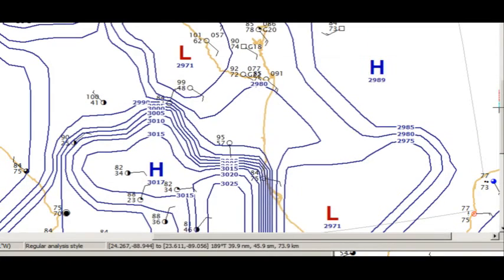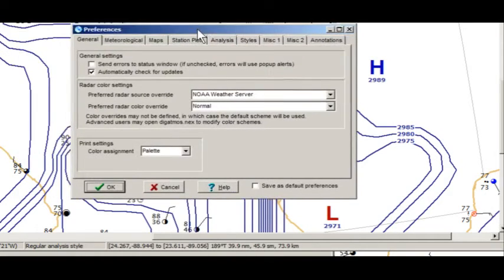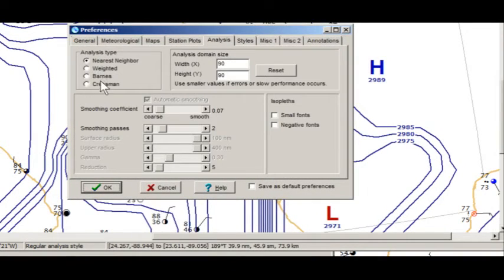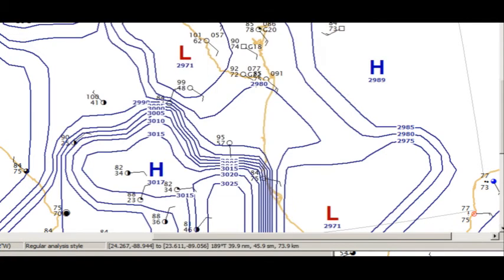Well, not much data there in Mexico, and you can see we get a corrupt artifact here on the analysis. And that's why in Digital Atmosphere I have different analysis schemes here. There's weighted, Barnes, and Cressman, and what a lot of these schemes do is they start with a very, very broad, very smooth field.